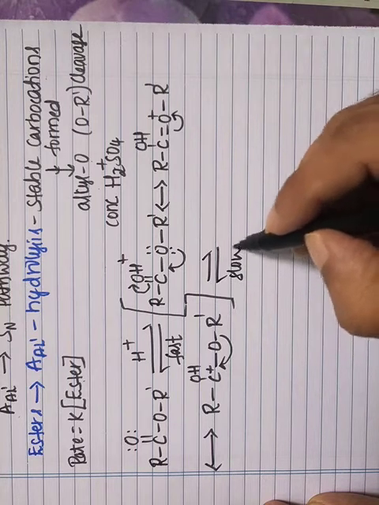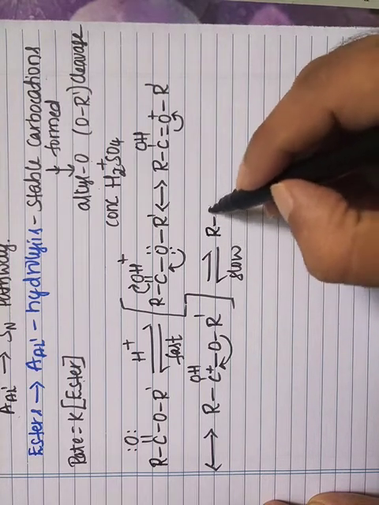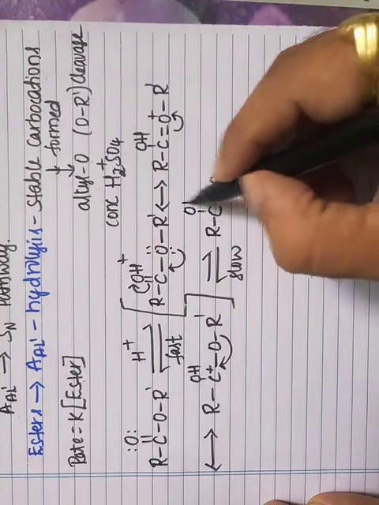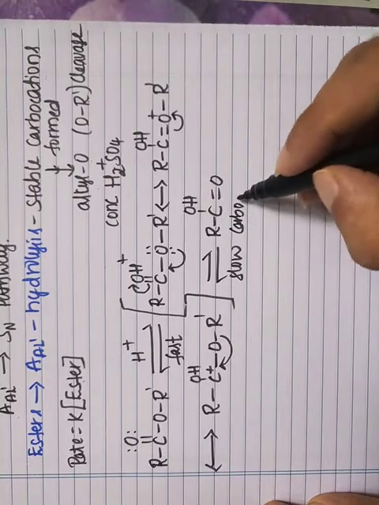This step is slow. This is the carboxylic acid.